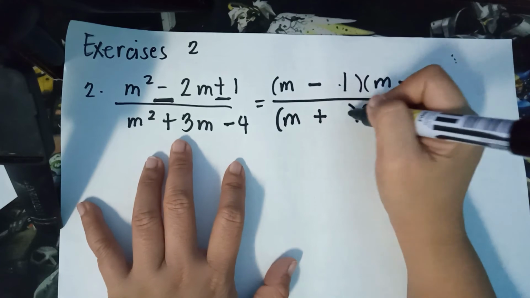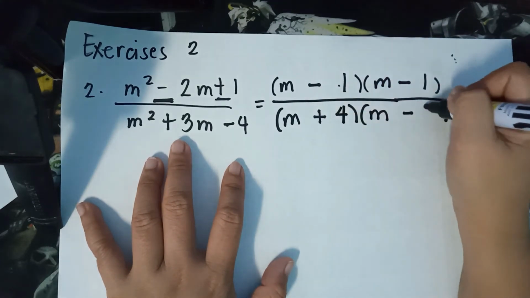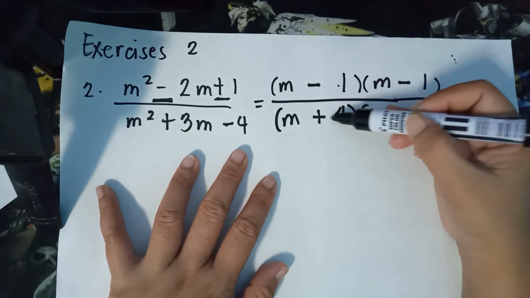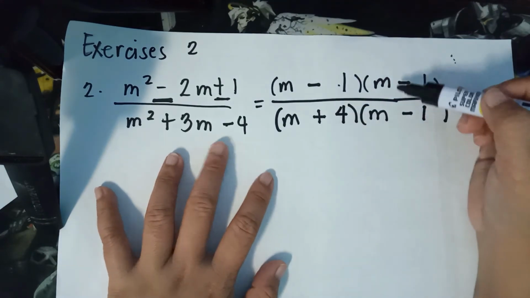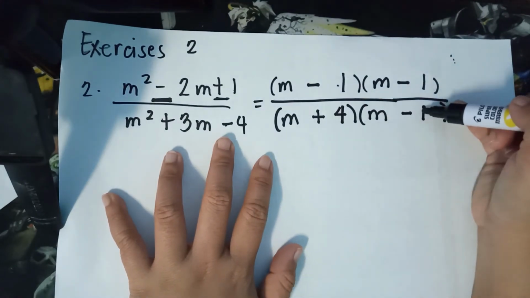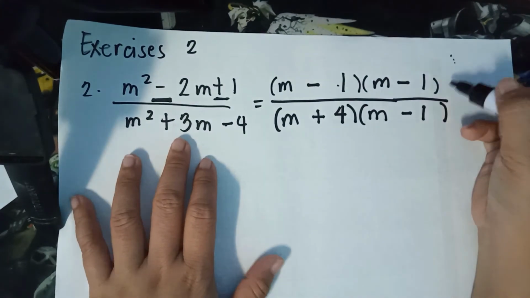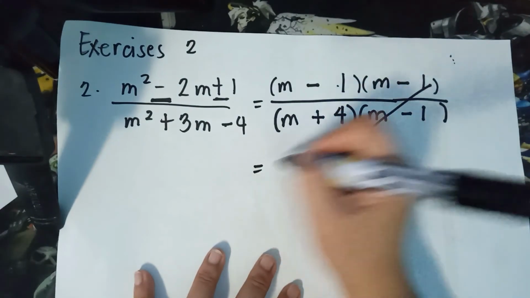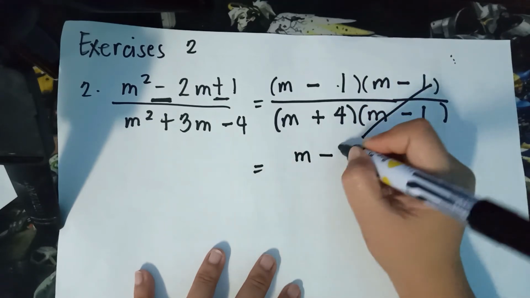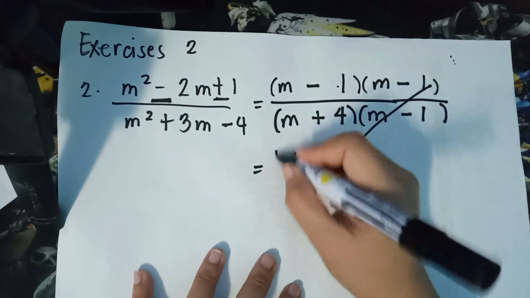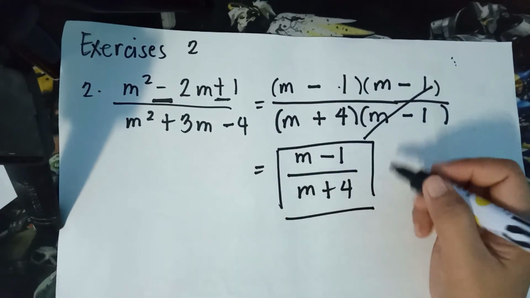That is positive 4 and negative 1. We will check. Positive 4 times negative 1 is negative 4. Positive 4 minus 1 is positive 3. Now, cancel out the common factor m minus 1, and the final answer is m minus 1 over m plus 4, which is our final answer.